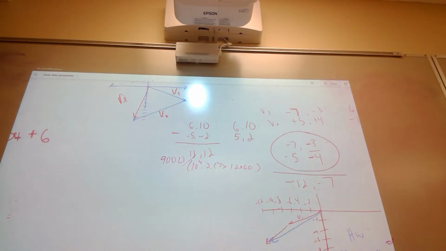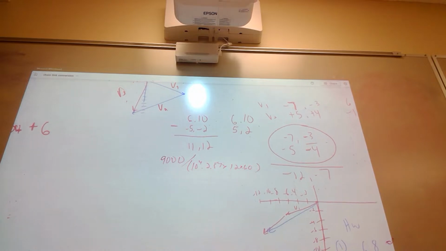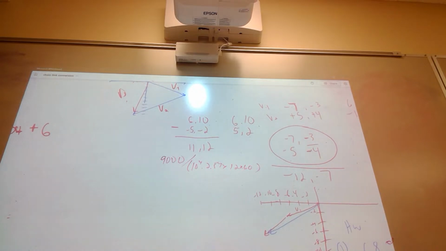Okay, let's do the next one, and let's do it on graph paper. 6, 8 and -1, -7. Draw your coordinate axes. Just give yourself increments of 2.